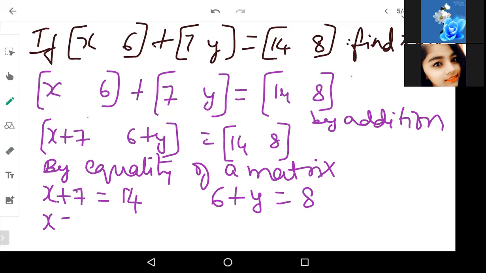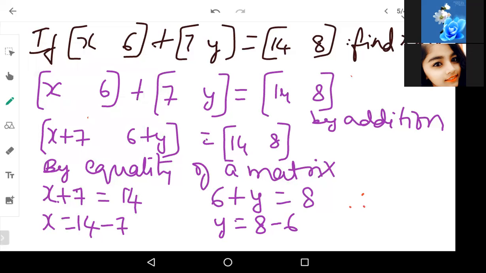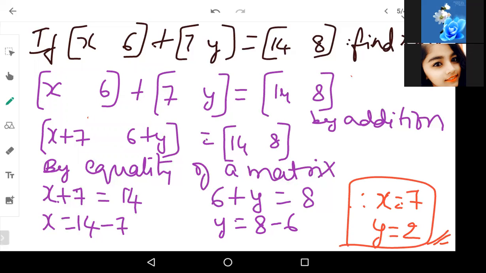So x is equal to 14 minus 7, y is equal to 8 minus 6. So therefore, x is equal to 7 and y is equal to 2. This will be your answer. Understood? Any doubts in this problem?